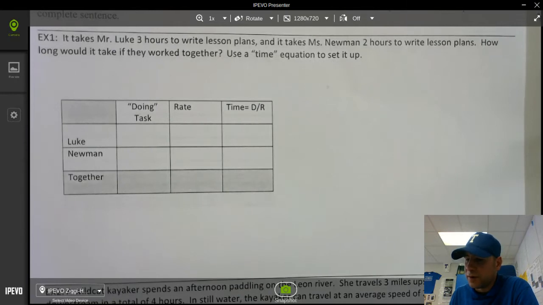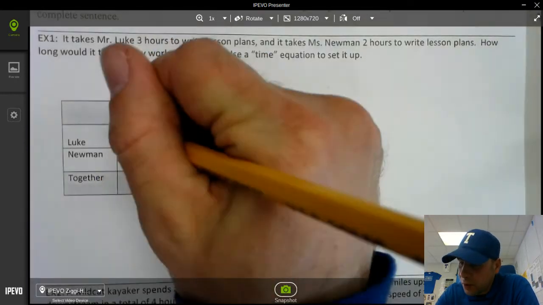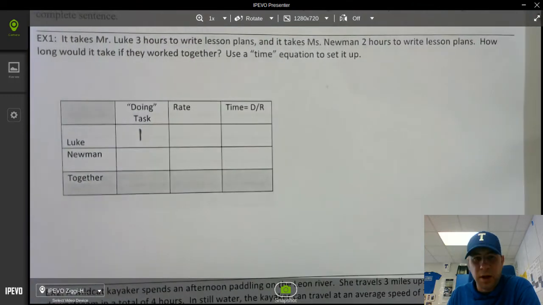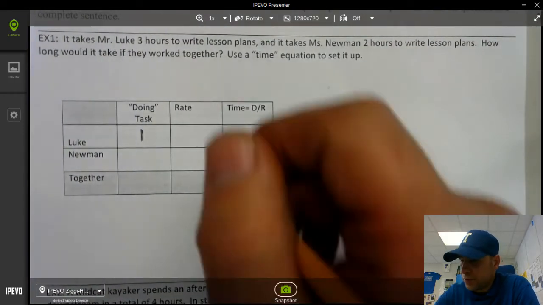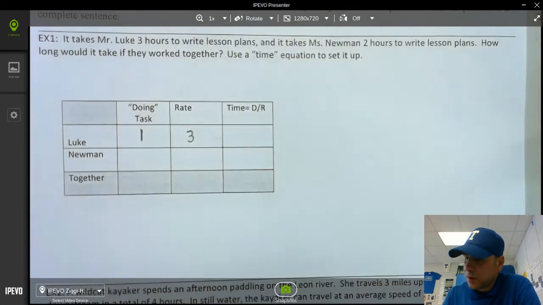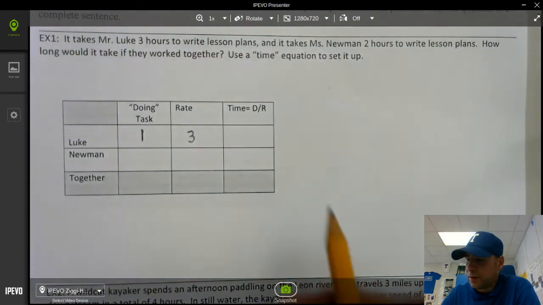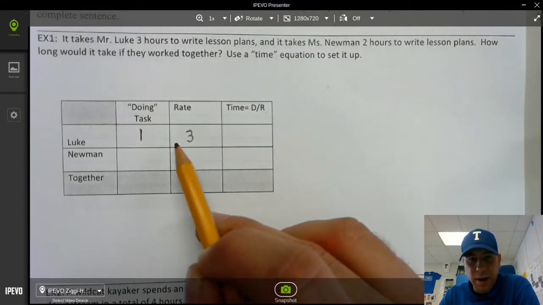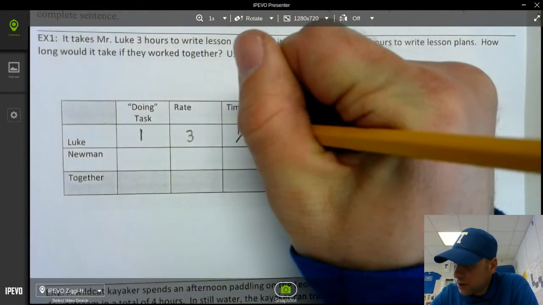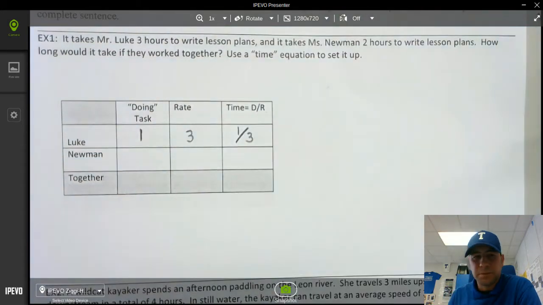Okay, now in the doing task, we're writing lesson plans, so we're only doing one lesson plan, so the task is 1. Now my rate is 3 hours. Now the time takes the doing task divided by the rate. So in my case, it's 1 task in 3 hours.